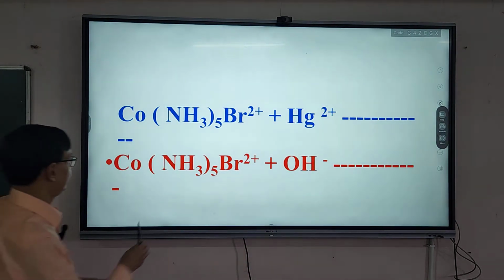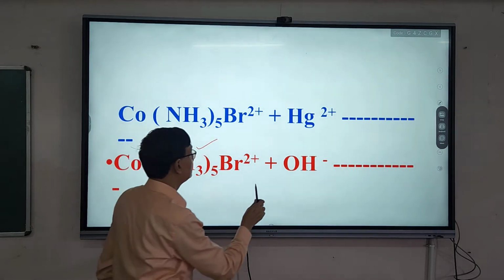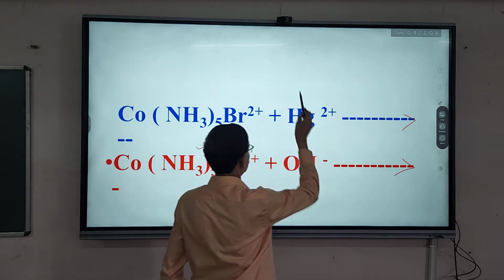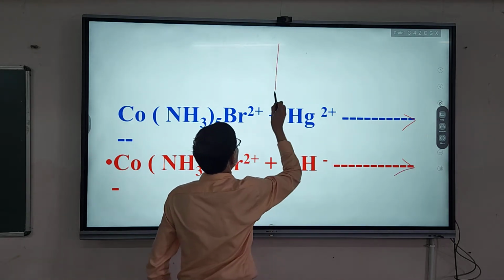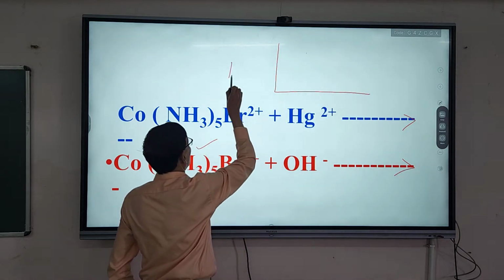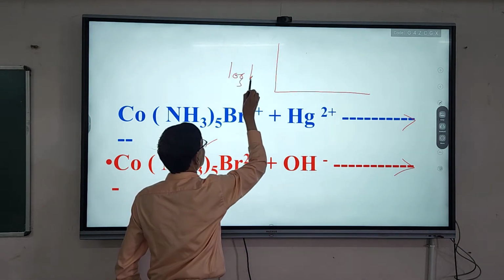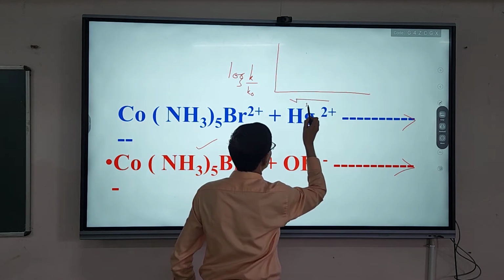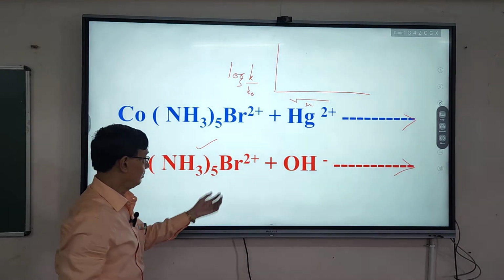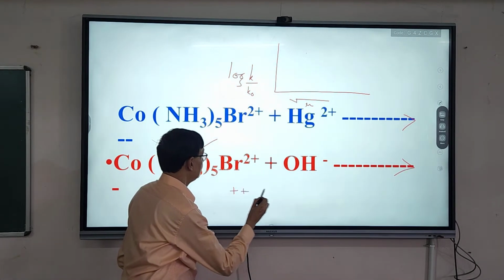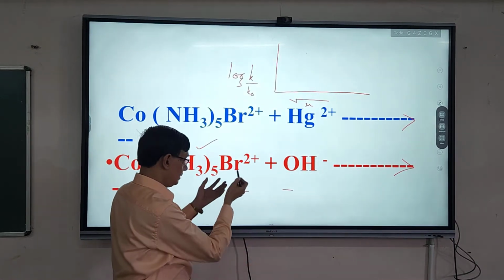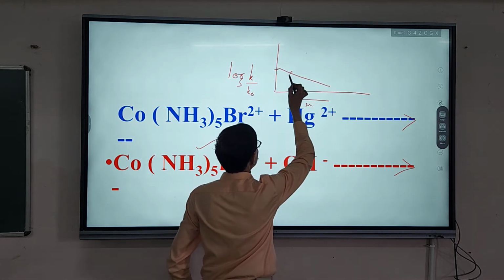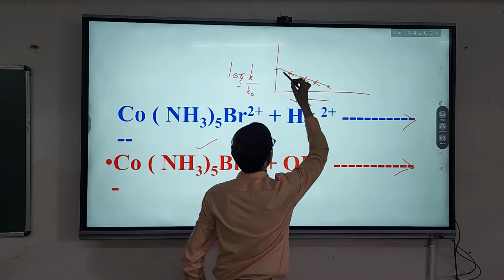Now in this example, if I plot a graph, again log of K or K0, whatever it is, versus under root of mu, in the second case, because it is positively charged and negatively charged, so the valence is such that I am getting the rate constant decreases, whereas here the constant increases.